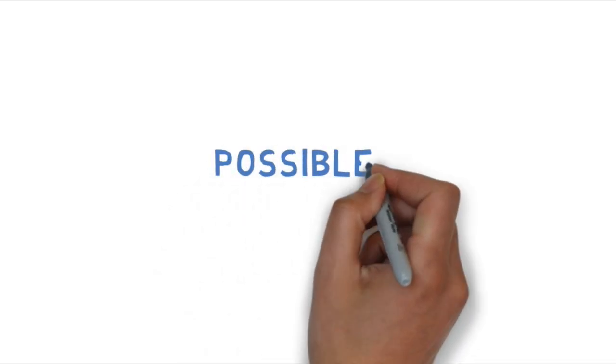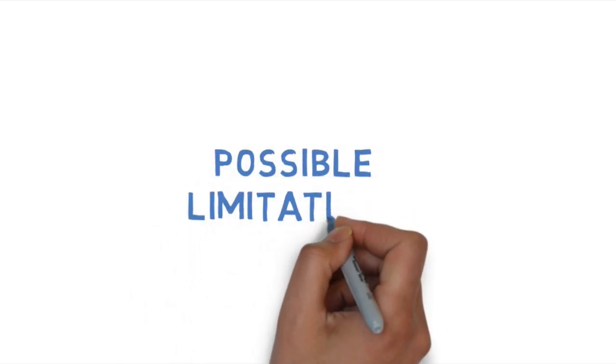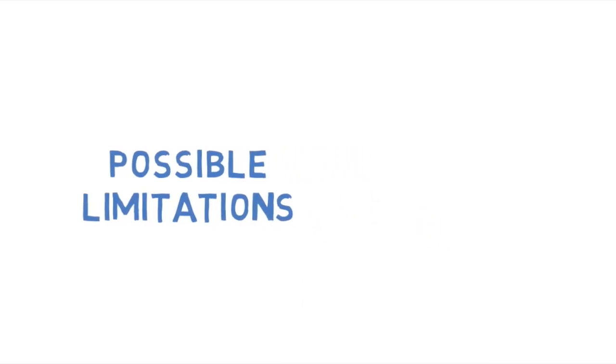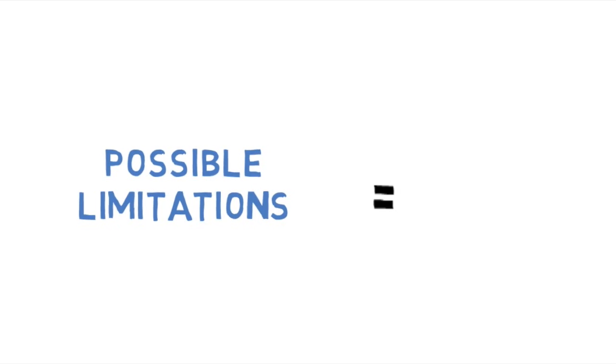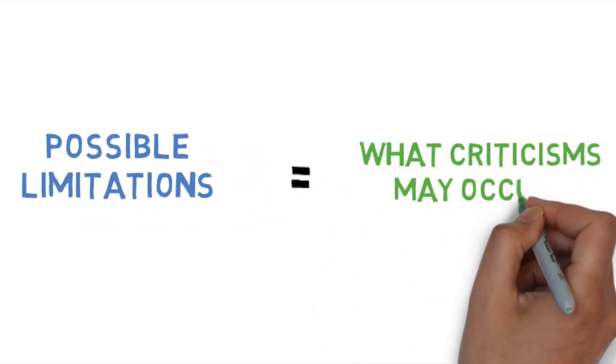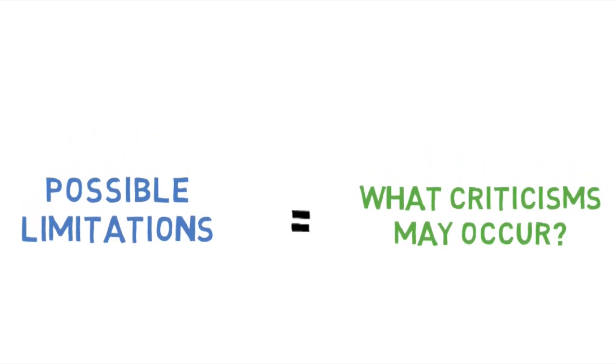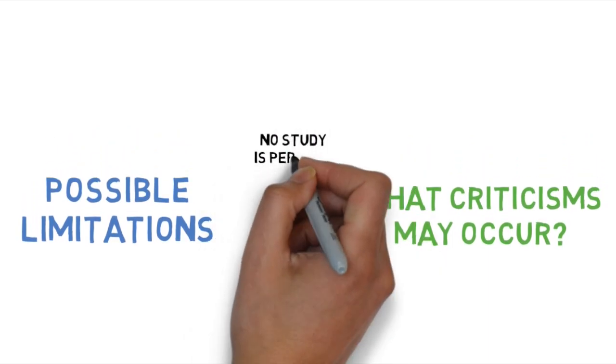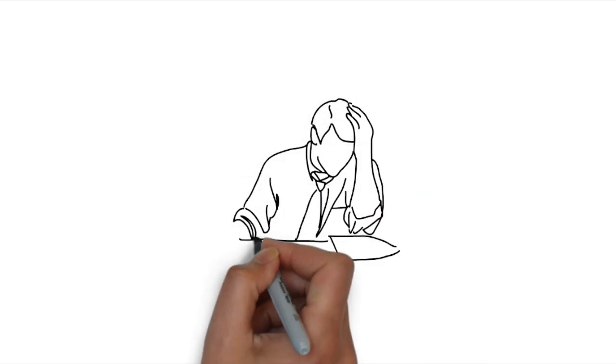In addition, you also need to discuss possible or foreseeable limitations to your design study. What that means is what all criticisms you think might occur because of your proposed study. Remember, no study is perfect, therefore every study will have limitations. Maybe you can't get access to everybody that you need to get access to.